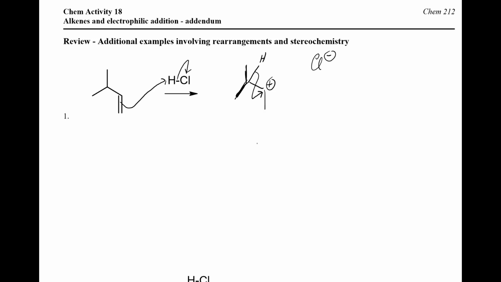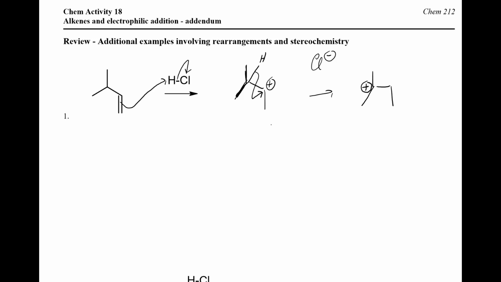Note that the tail of my arrow is starting from the sigma bond, the bond between the carbon and the hydrogen. As a result of this hydride shift, we will end up having a carbocation sitting here, in other words, a tertiary carbocation. Now, while I'm showing you these as steps, in a sense, they occur spontaneously, immediately.